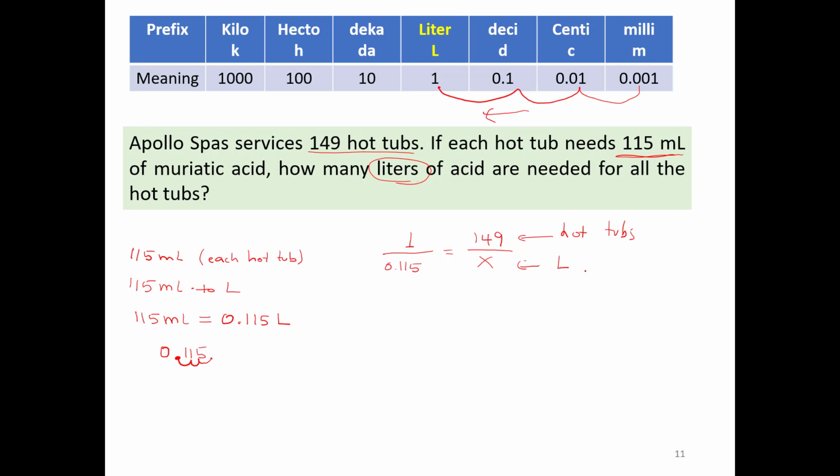In this case it will be the liters. Let me write the liters. If you wrote the hot tubs on top, then in both parts of the proportion you need to have hot tubs on top and liters on the bottom. And then what you can do is solve using the cross product. 1 times x is x, and then you multiply 149 times 0.115.